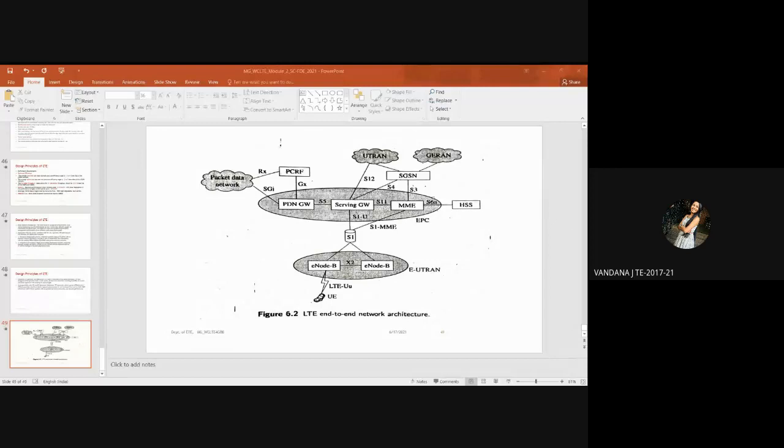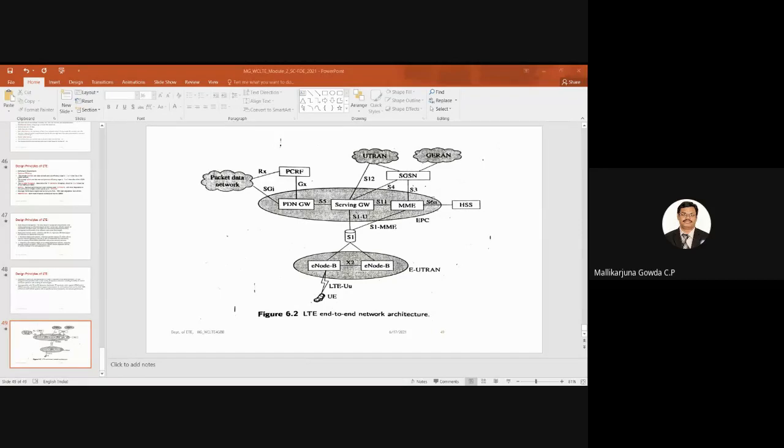It helps in ciphering, packet reliable delivery and header compression, sir. Okay, and it also functions as radio resource management. Yes. Fine.